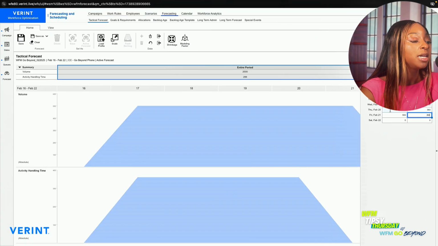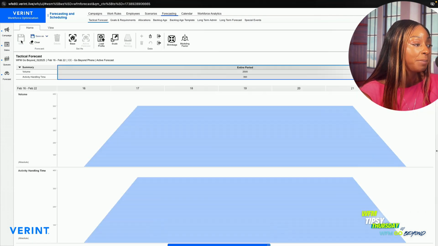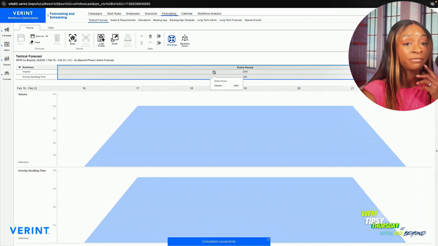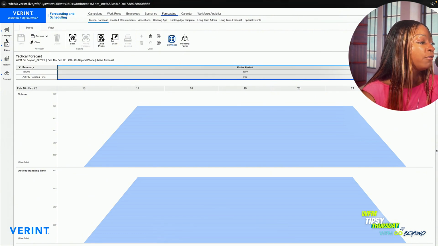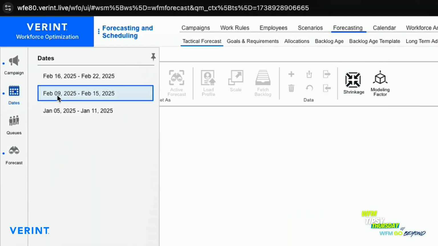So I know at this very specific point in time that this is what's going to happen. I'm going to add my shrinkage in if I need to, and all the different variables for that particular point. So now for the week of the 16th, I have a point forecast versus the week of the 9th.